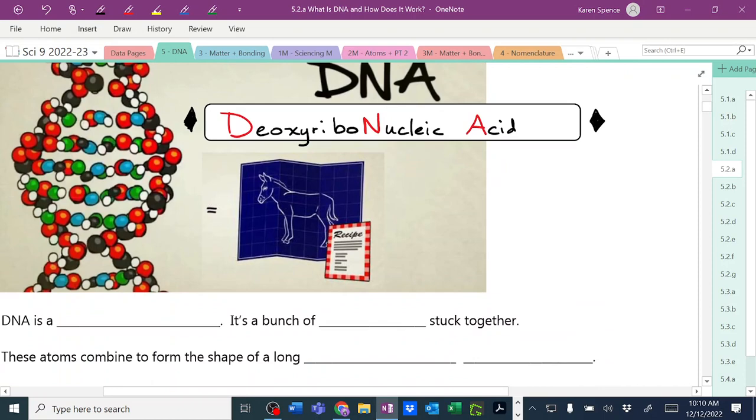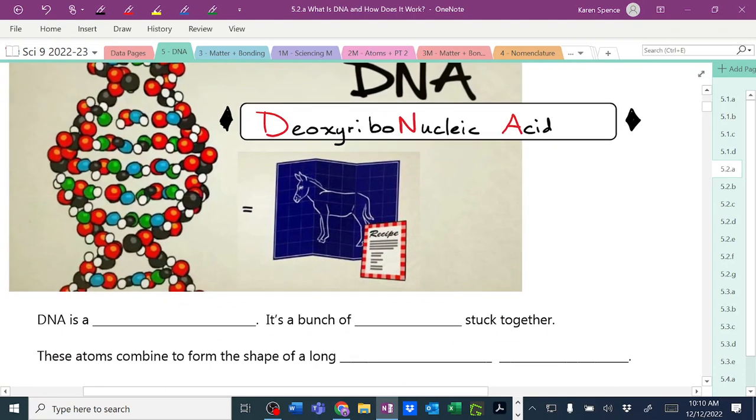What is DNA? It is a molecule. Do you see why we did chemistry before biology? Yeah. DNA is a molecule. It is a bunch of what stuck together? Atoms.